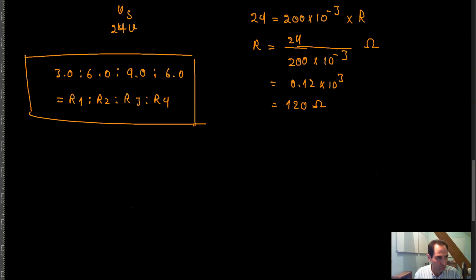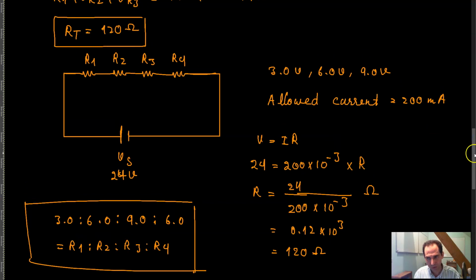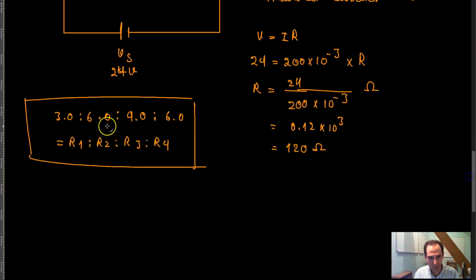So I have to, for example, multiply each of these, multiply R1 by something, so that the resistance is above 120 ohms. Meaning that, for example, if I multiplied these by 10, that would be 30 plus 60 plus 90, or by 5, for example.